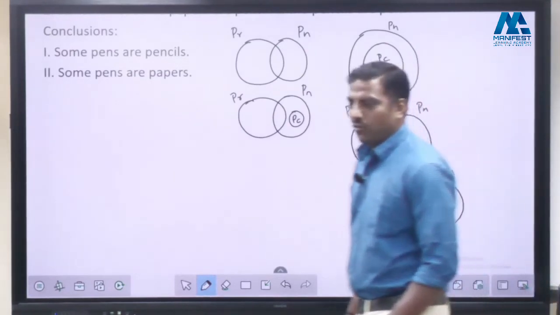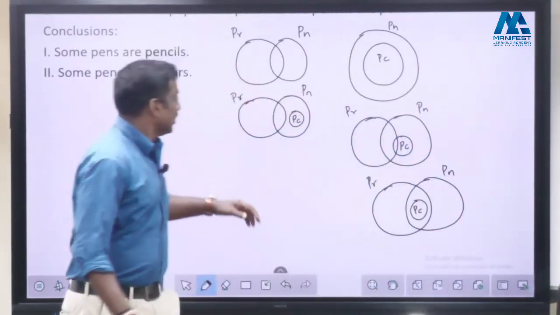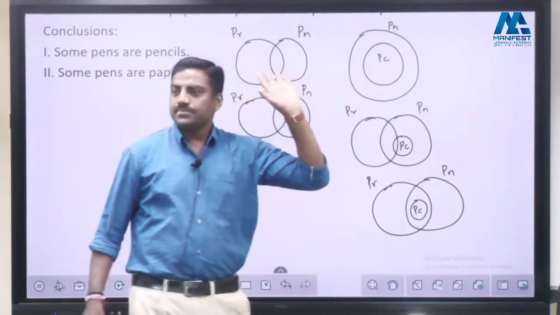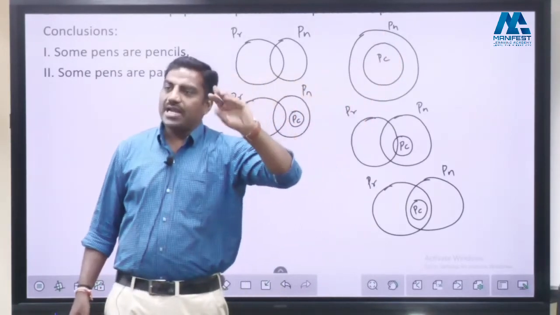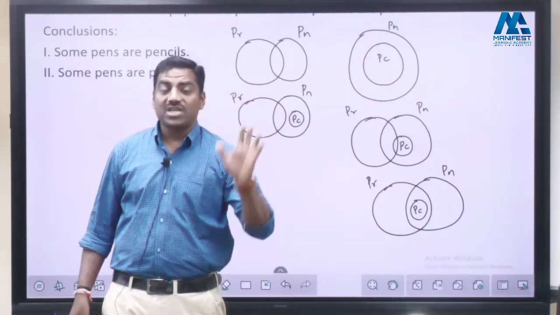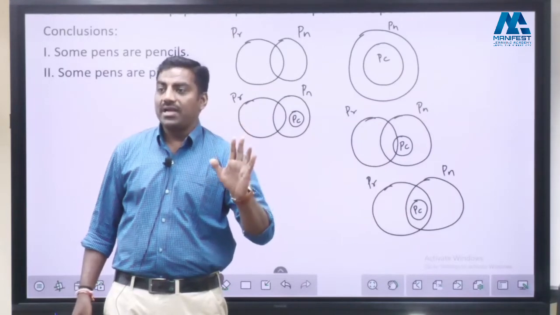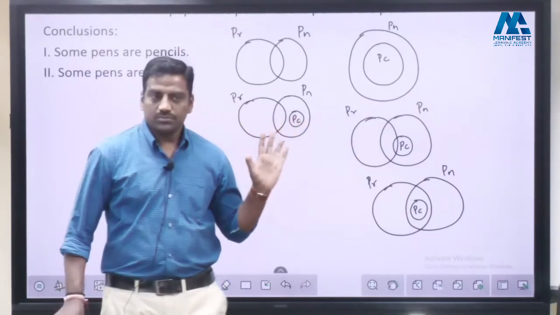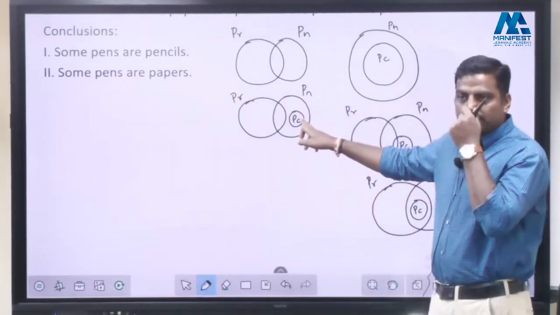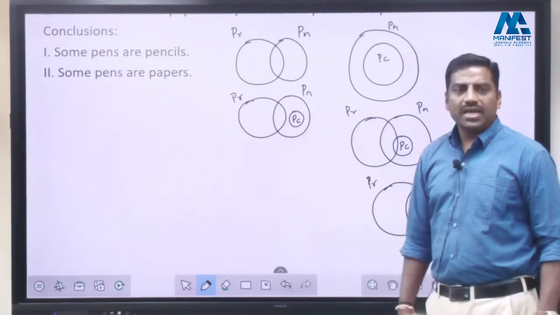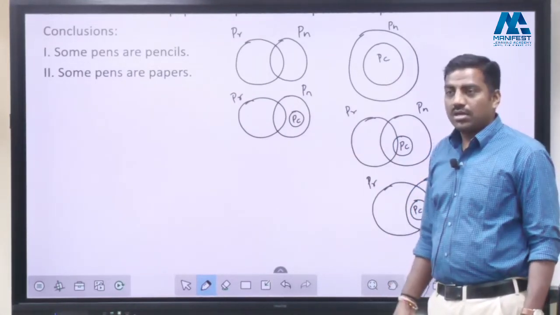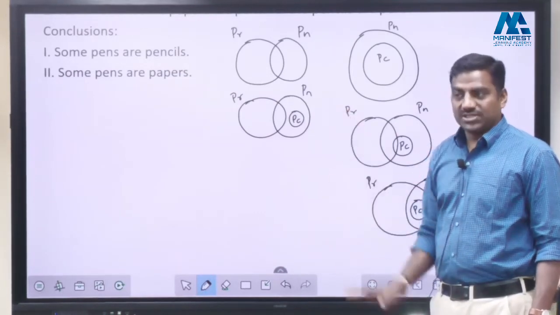What I would say, see, there is a relation between the pen and pencil. You try to create only that relation. You don't try to create an extra relation between the paper and the pencil. Here, the most exclusive diagram would be this. Why do you want to simply make a relation with PR? Don't make unnecessary relations.